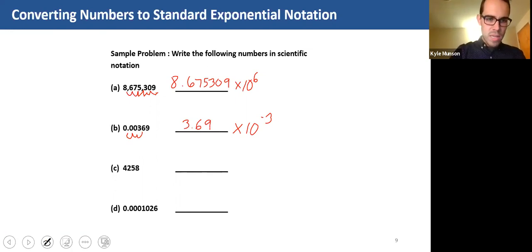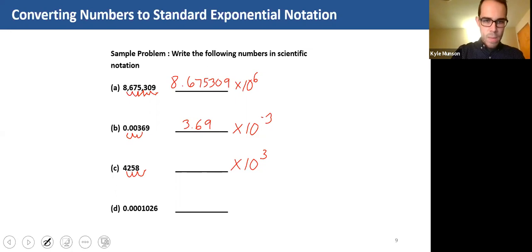So let's do another example together. Imagine a decimal point there. It moves over 1, 2, 3 places. So it moved over 3 places to the left. So this one is going to be a positive integer, not a negative integer like in the last example, for the exponent.